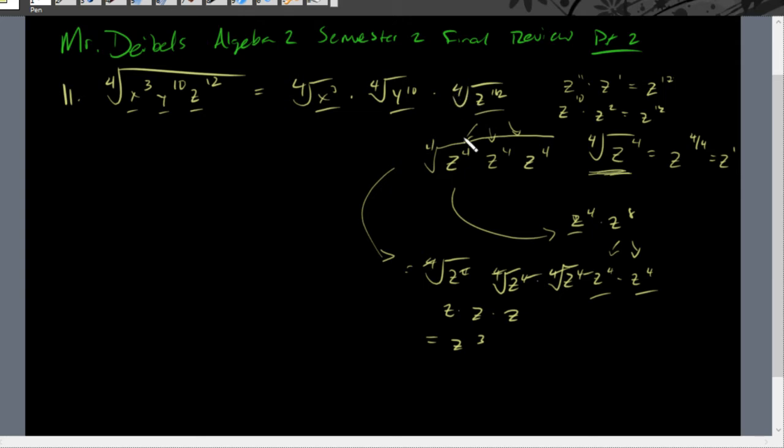Now, a simpler way to think about this, sort of like a shortcut version in your head, right? This is all of the math behind it, but a simple idea is that if you can afford to subtract 4 away from 12, every time you can do that, it pulls a z out of the radical.